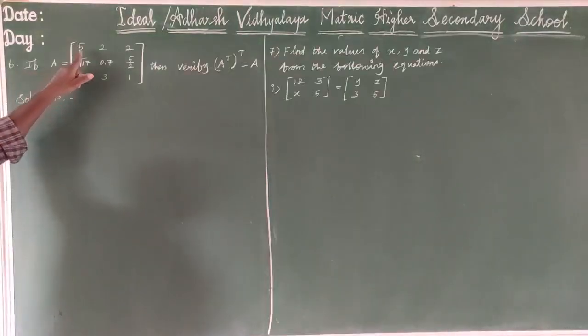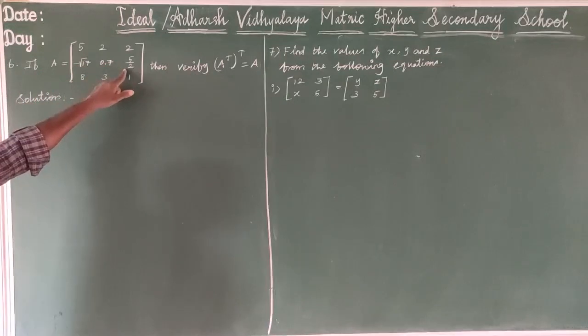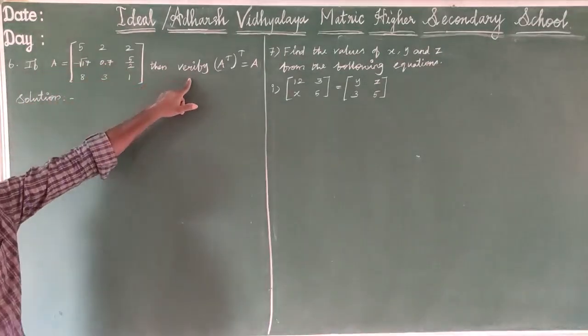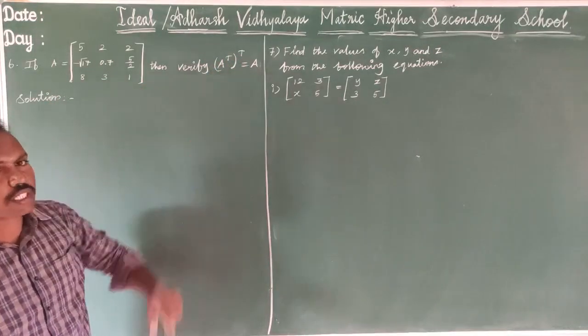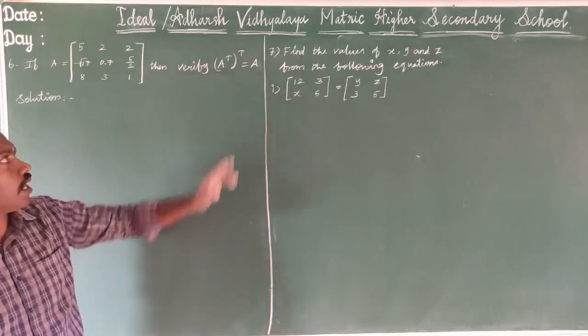If A is equal to 5 2 2 minus root 17 0.7 5 divided by 2 8 3 1, then verify that A transpose whole transpose is equal to A. We need to verify that left hand side equals right hand side.